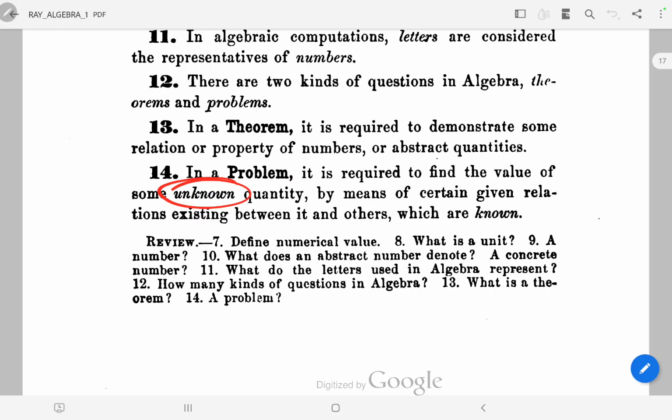We can find the value of an unknown quantity by means of certain given relations existing between that unknown quantity and other quantities which are known. Let's read that again, because I'm sure that was a little confusing. In a problem, it's required to find the value of some unknown quantity.